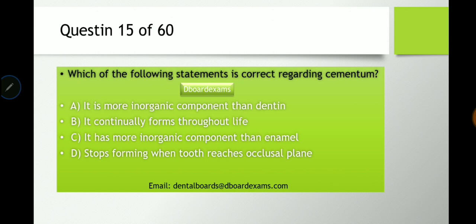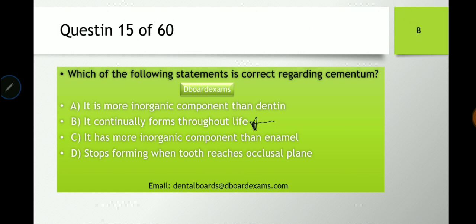So which one is correct regarding cementum? Okay. All right. So if you remember what we said, it continually forms throughout life. Okay. Remember that cementum continually forms throughout life. So our answer is B.